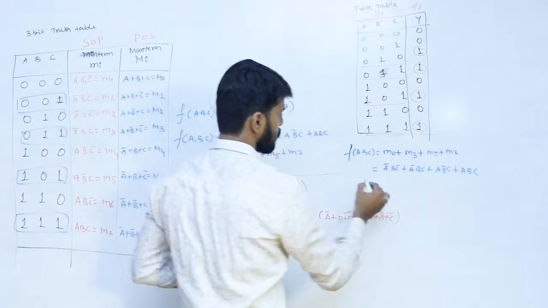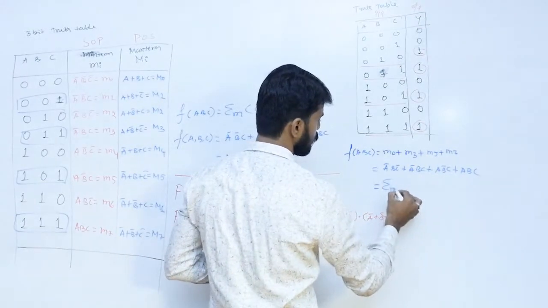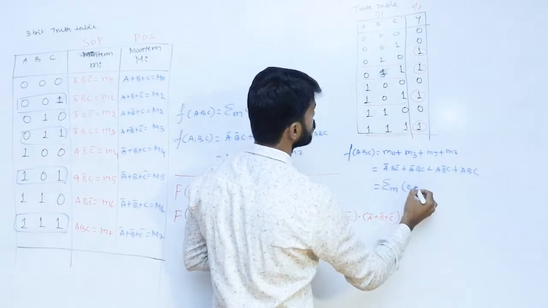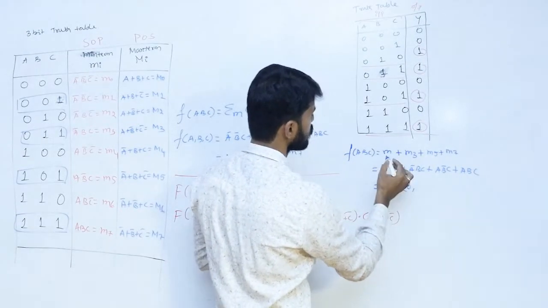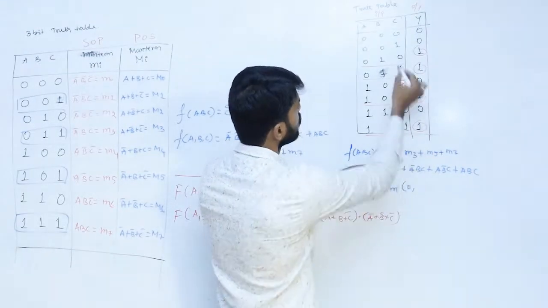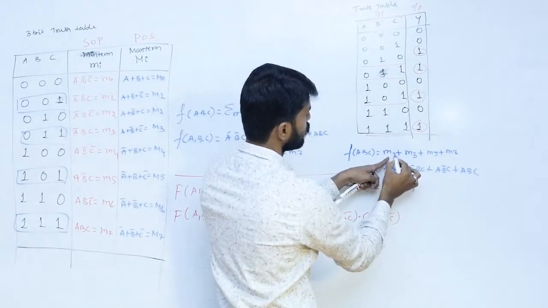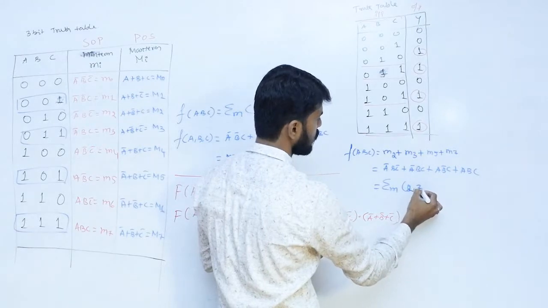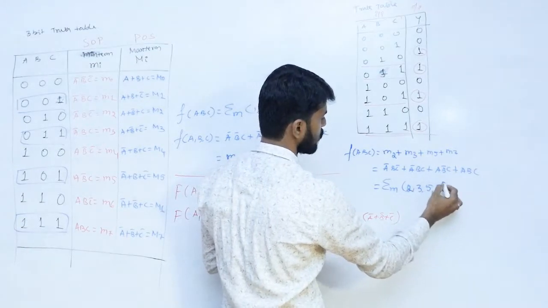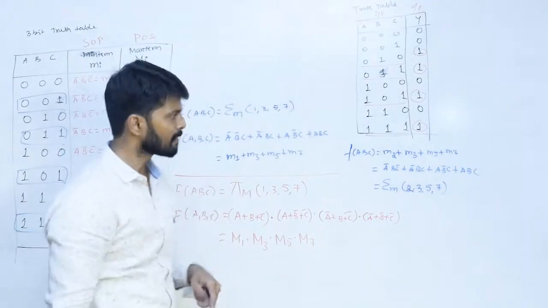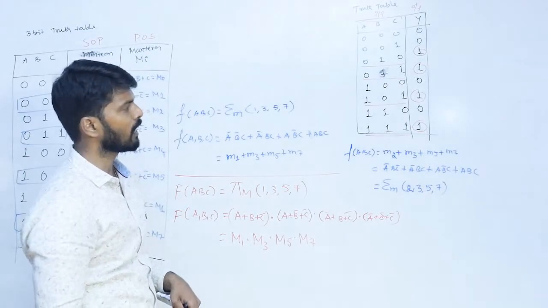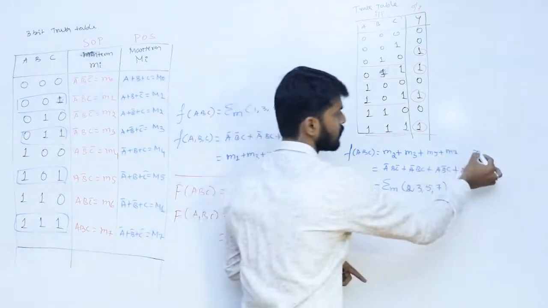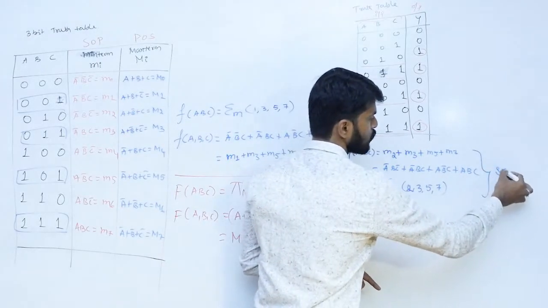Or I can represent it as a summation of m, which are the terms. This is not M0, this is actually M2, M3, and 2 should be there, 3, 5 and 7. This is the SOP equation.